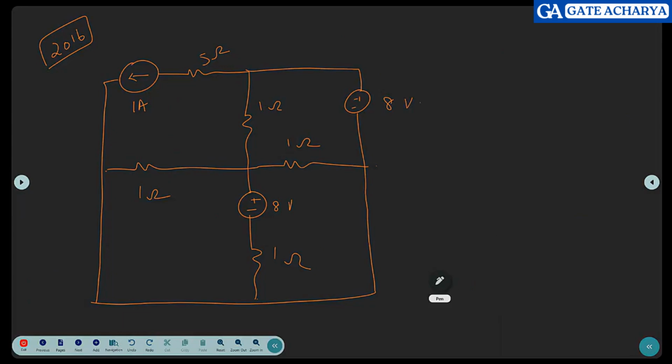It's again a 2-mark question. Find current I. They want you to find this current I.